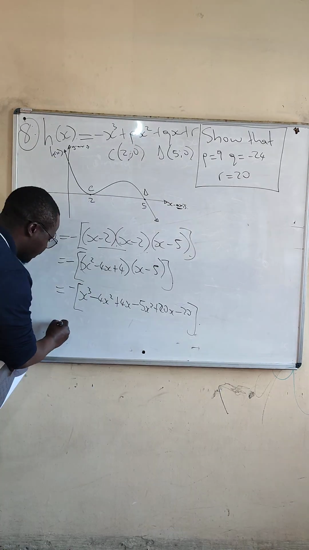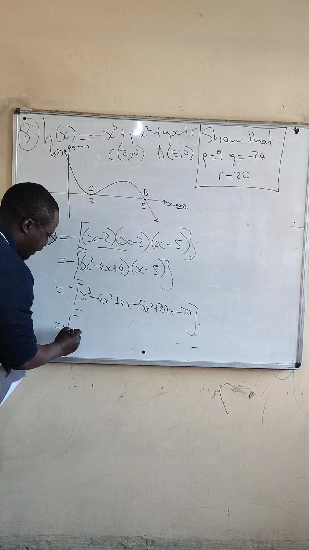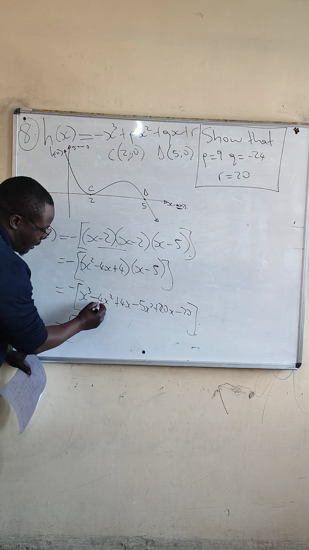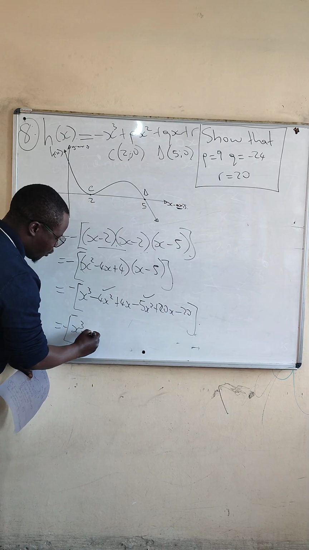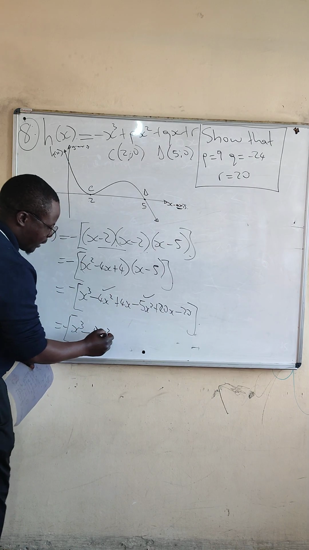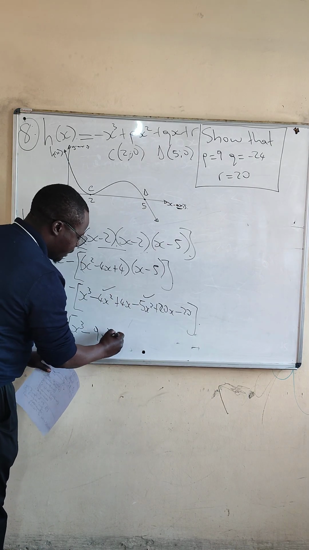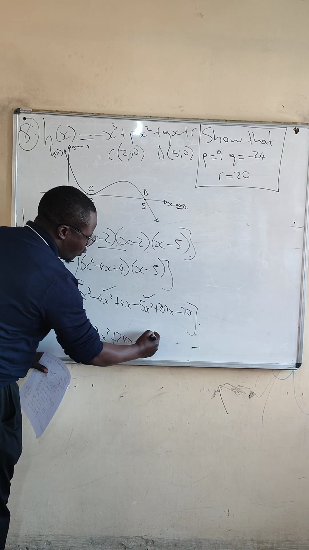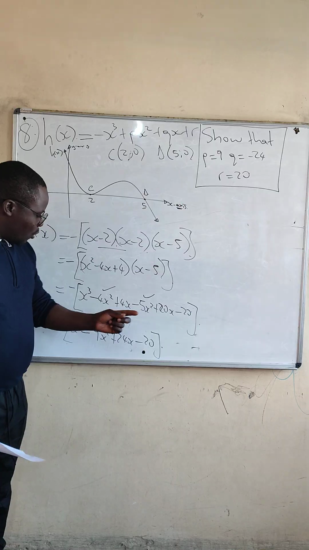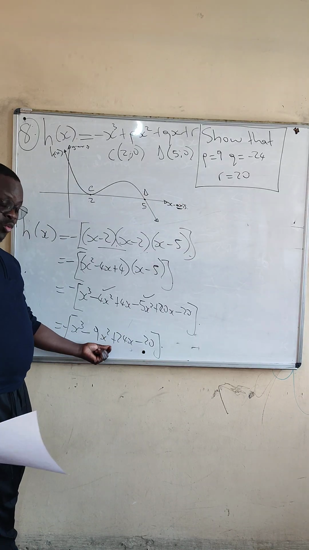We keep our negative, our x cubed is here, minus 4x squared minus 5x squared gives you minus 9x squared. Then 4 plus 20 gives you plus 24x, negative 20 at the end of the day. So this is what we have in the square bracket.